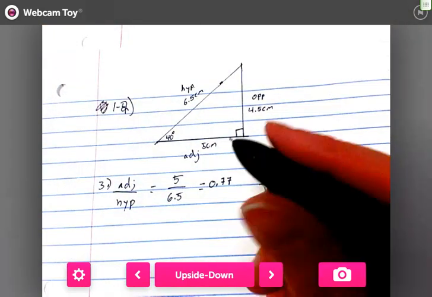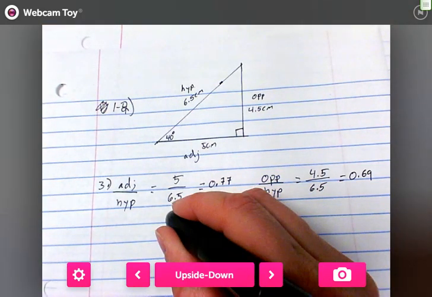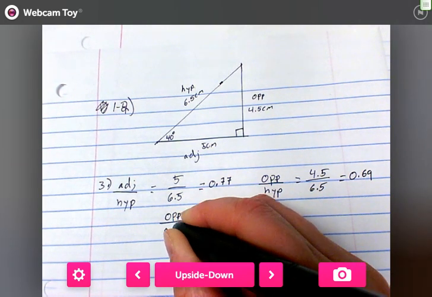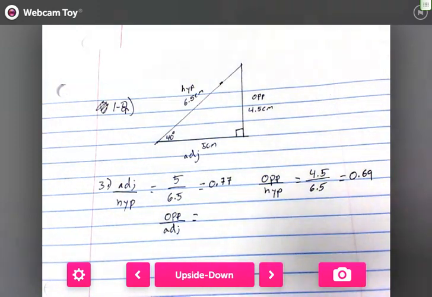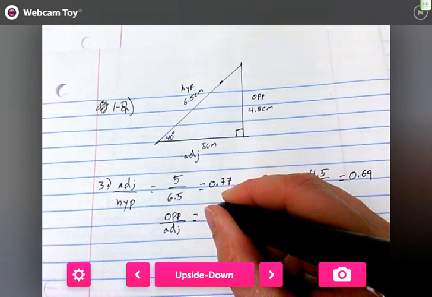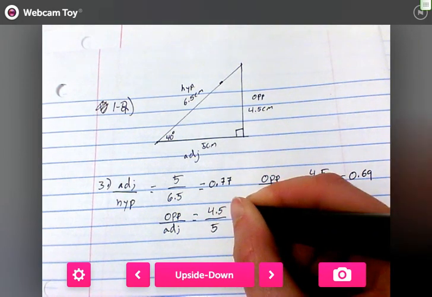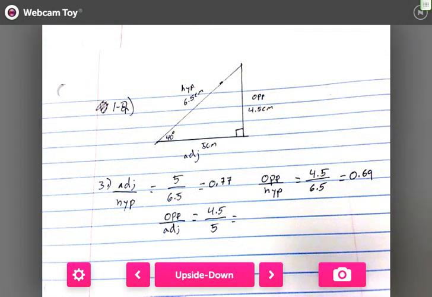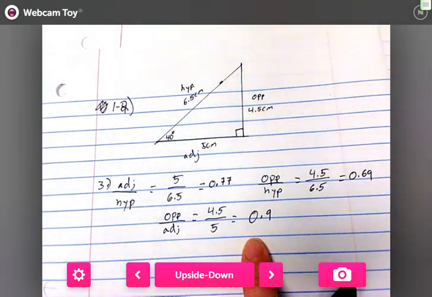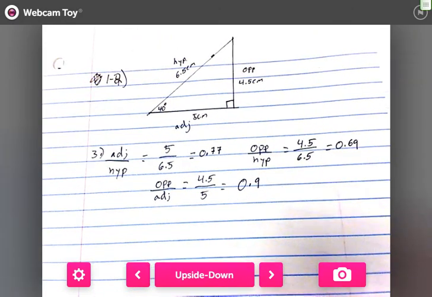And then finally, I'm going to do my opposite over my adjacent. My opposite is 4.5. My adjacent is 5. Rounding to 2 decimal places, I get 0.9. You should not have the same numbers as me. Everybody should have different numbers.